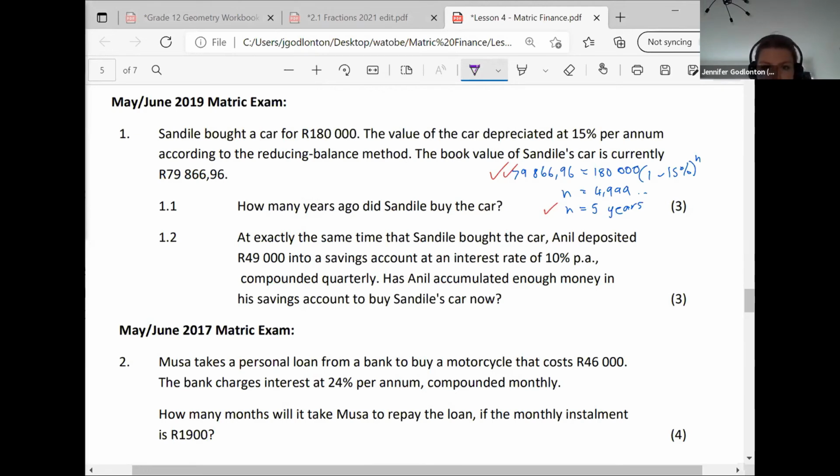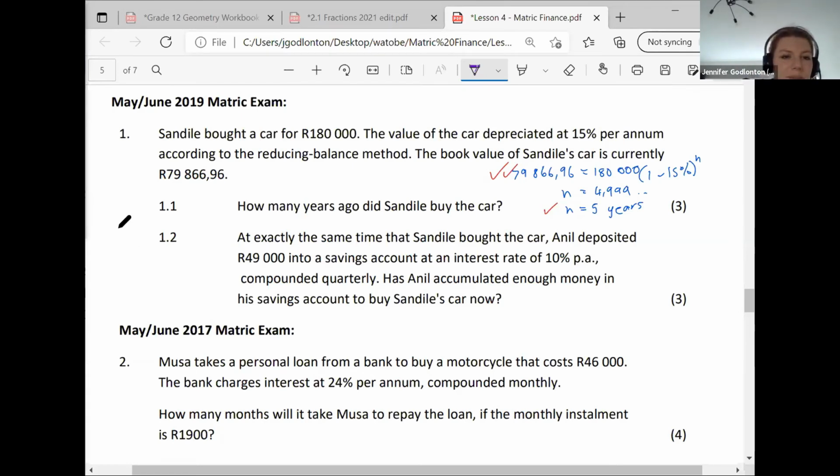1.2, don't overthink it. Okay, so Ayush, I get the same answer as you there.